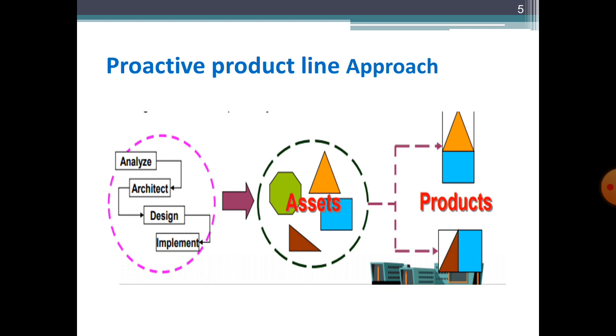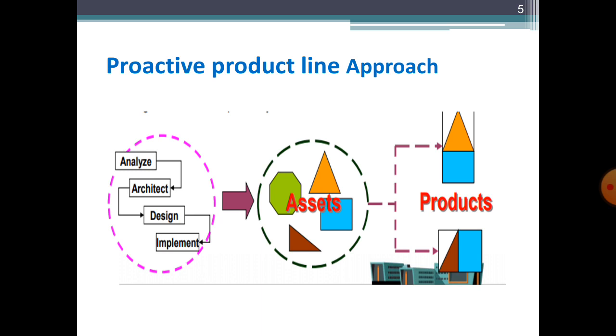So what are the core assets? We have been constantly discussing core assets in lecture number 28, then we saw core assets in the development of product line in lecture number 29, and now in lecture number 30 you should get a clear idea about the assets. From this waterfall-based approach we get all product variations on the foreseeable horizon upfront, from where we get the assets, and we ultimately develop different products.